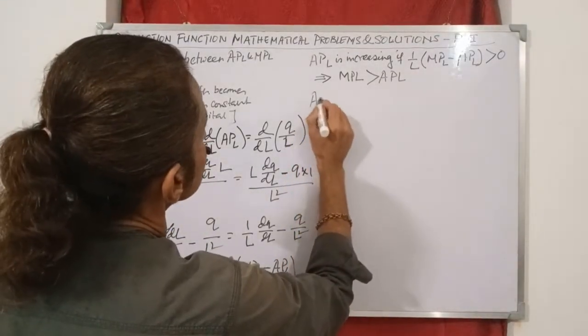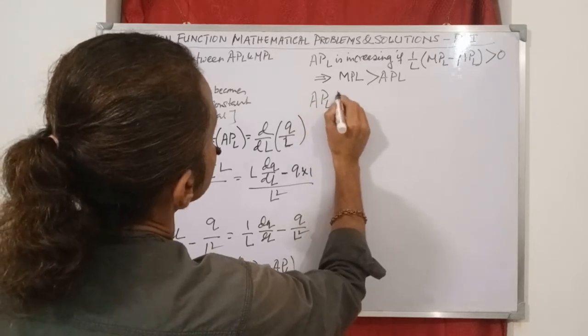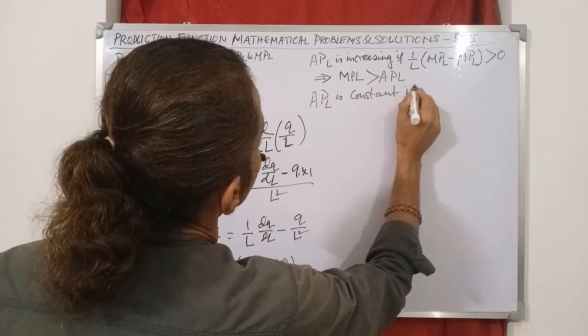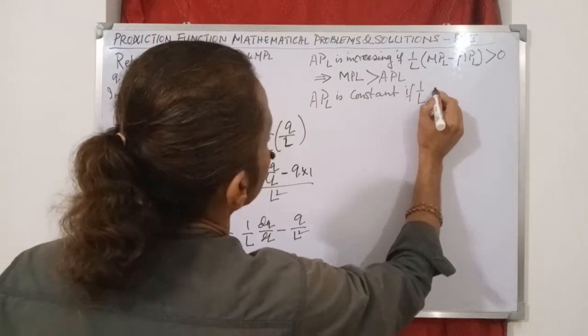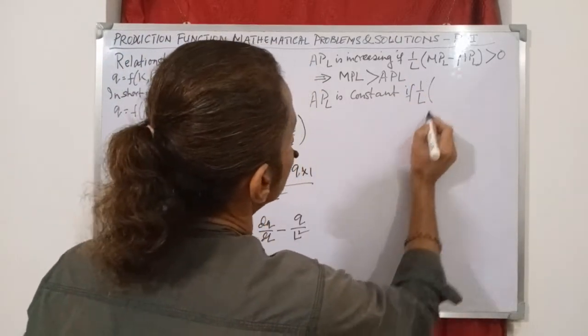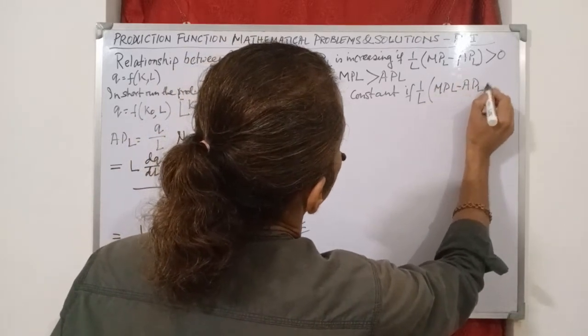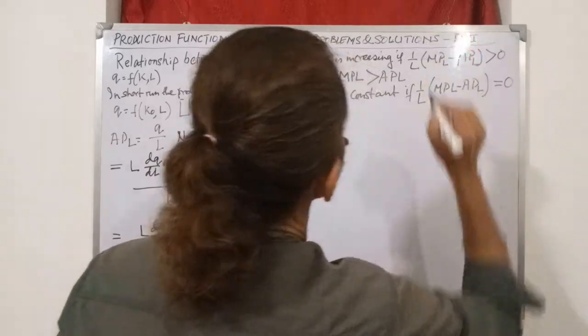Next, APL is constant if 1 by L multiplied by (MPL minus APL) equals 0.